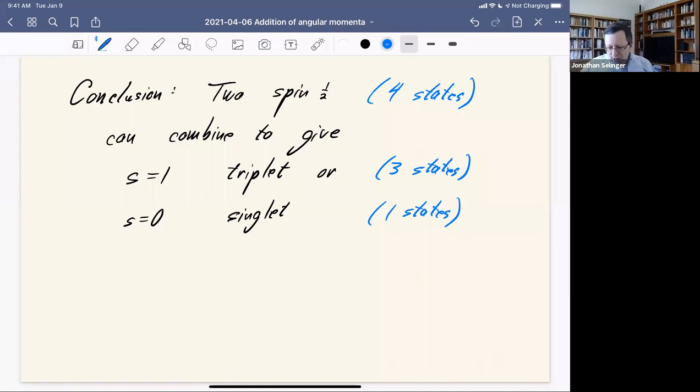Okay, so that took us an hour to do for the simplest case, right, of 2 spin halves, okay? Let me just tell you how it works for other spins that combine, okay?